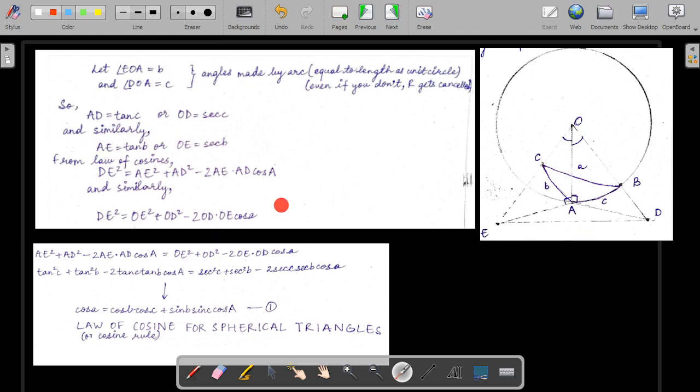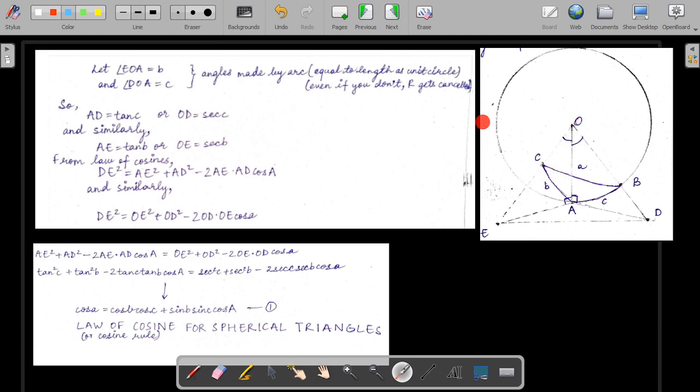Now we can write that AD is equal to tan C. Another thing I'd want to point out is that I've defined OA to be 1. That is, I'm using a unit sphere.